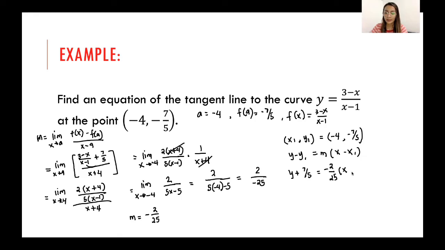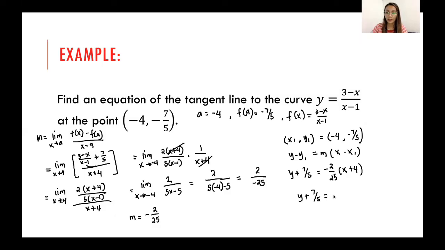Times x minus our x sub 1, which is negative 4. So negative times negative, that is positive 4. Okay, so let us substitute, multiply using the distributive property.